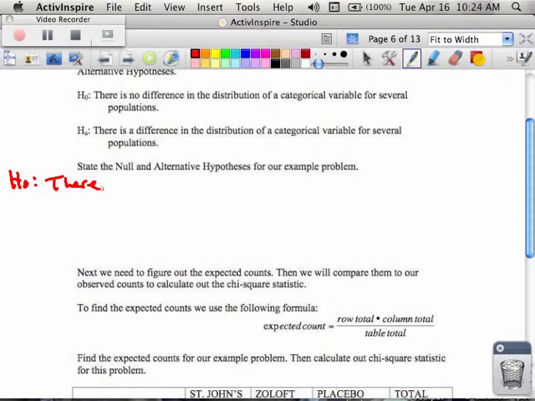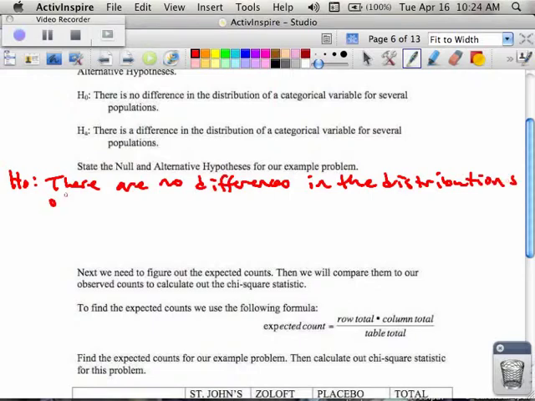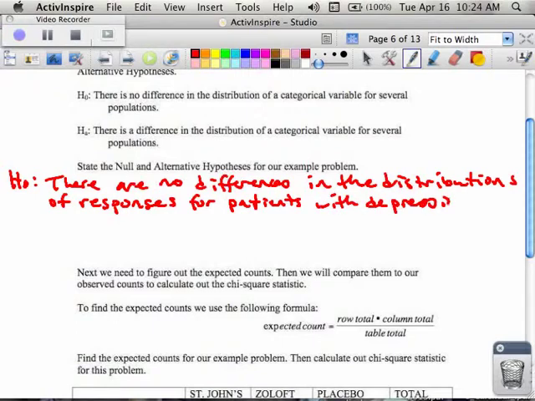there are no differences in the distributions of responses for patients with depression when taking St. John's wort, Zoloft, or the placebo.